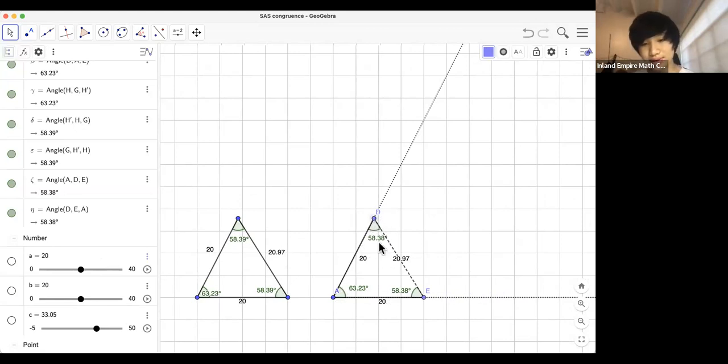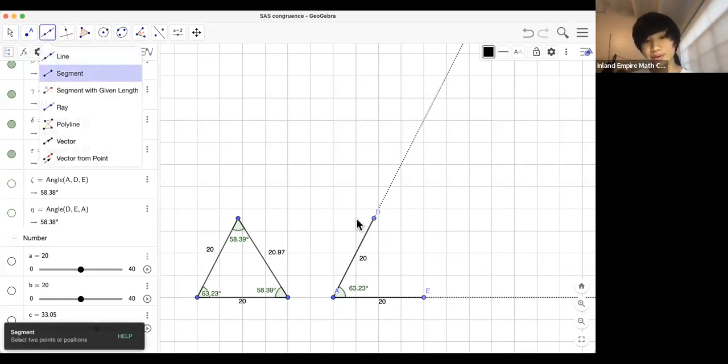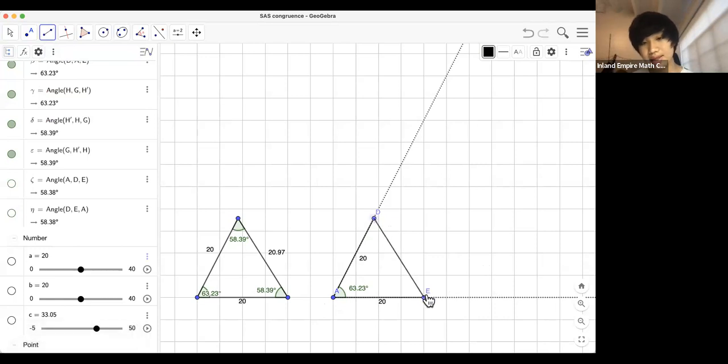If we have just DAE and this angle, there's only one possible triangle you can create, just by connecting D to E. So if I hide this and hide these angles, you can clearly see that there's only one triangle you can form, and that triangle is formed by connecting D to E.